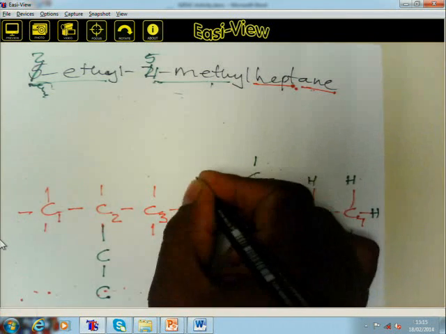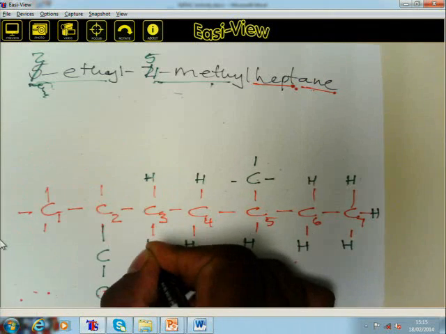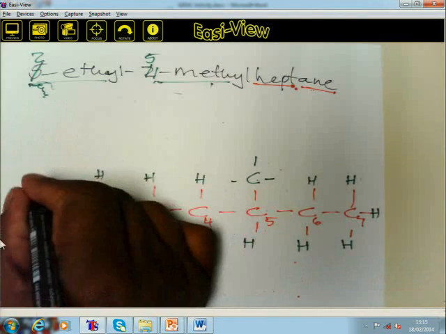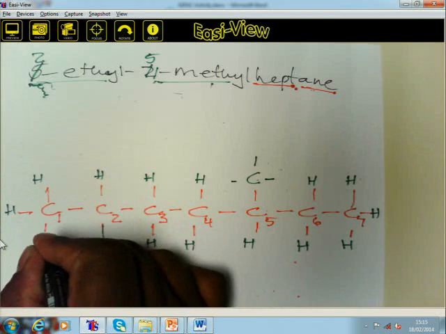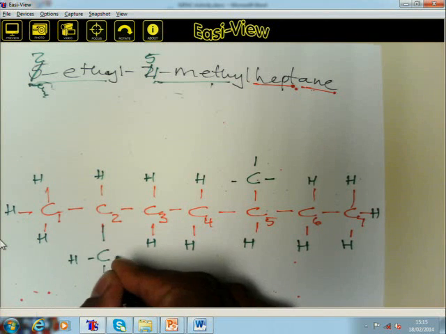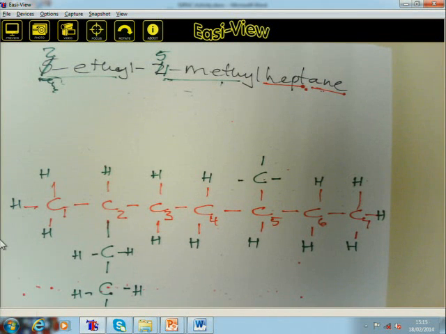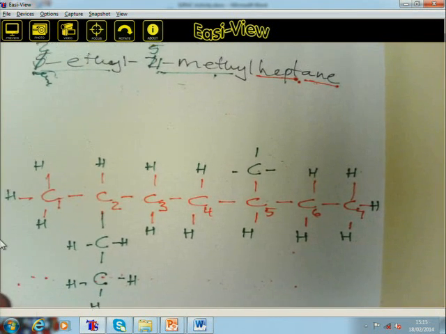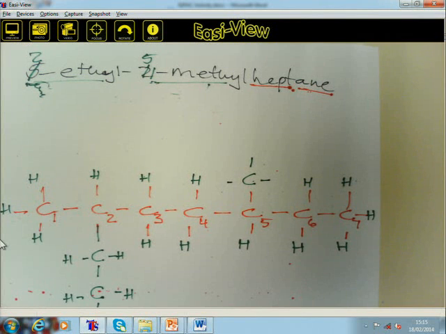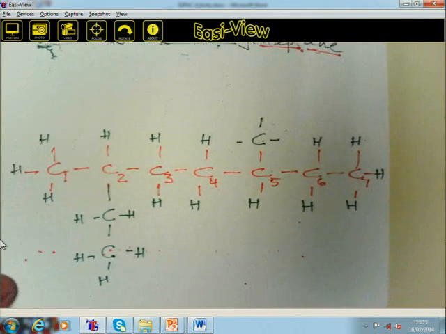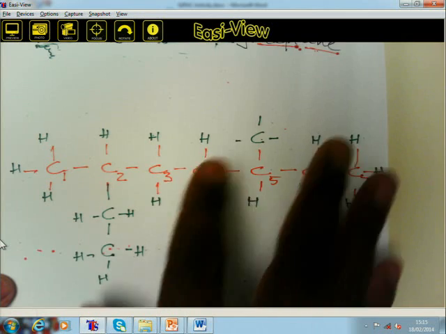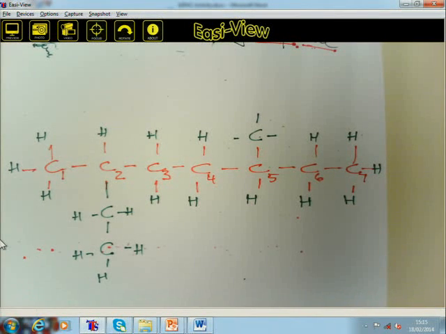Hydrogen, hydrogen, hydrogen. All right. So this is the structure for 2-ethyl 5-methyl pentane. So that is the structure for our compound.